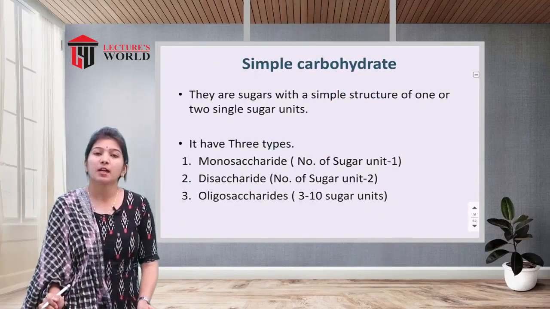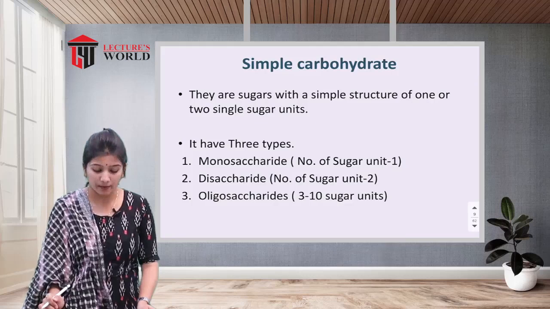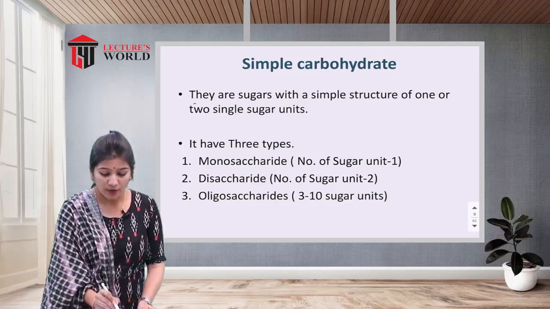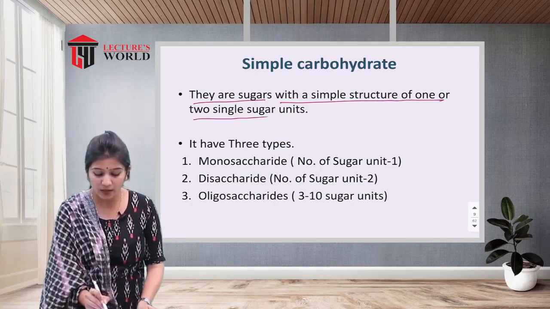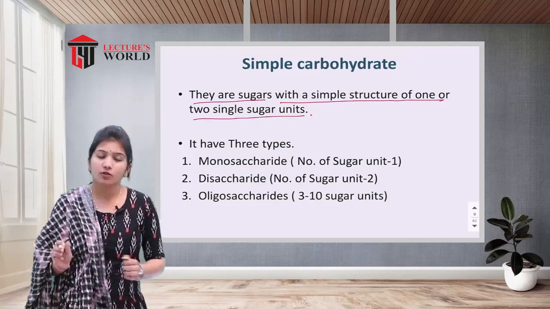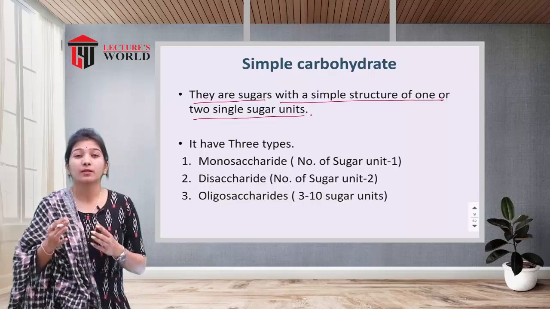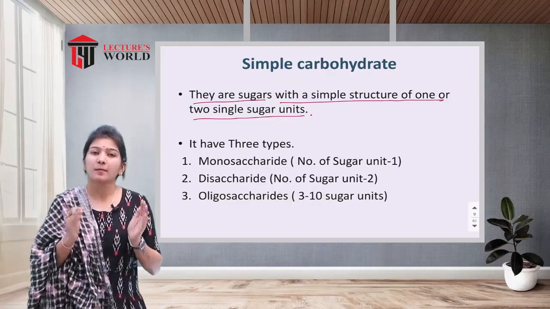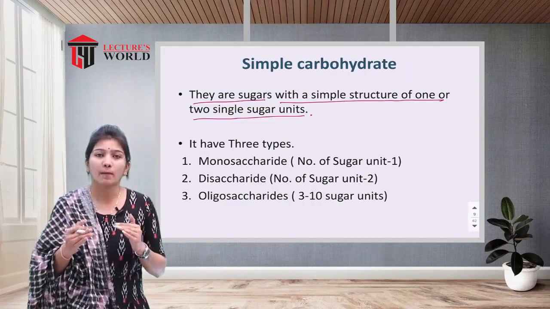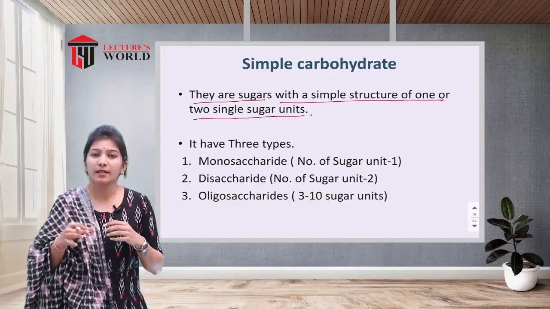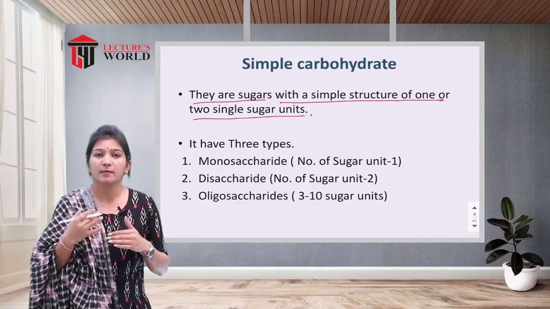First we'll see the simple carbohydrate. These are sugars with a simple structure of one or two single sugar units. The word suggests simple: it has a simple structure, not complex, not any kind of multi-speciality structure.